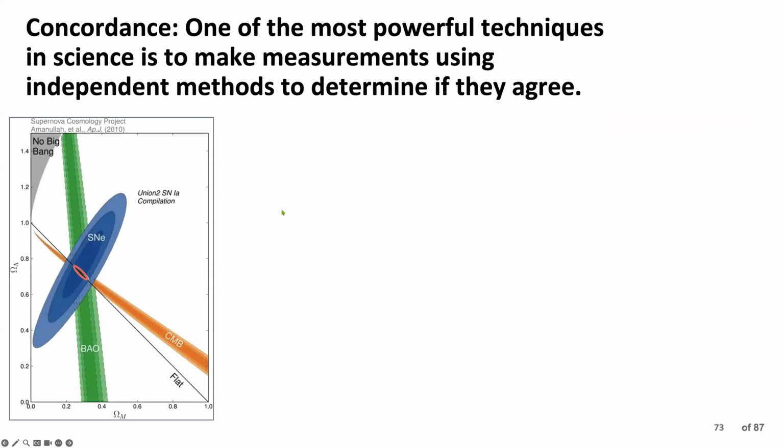And what it gives us is this. If we look at the amount of matter in the universe and the amount of dark matter and dark energy, and try to overlay all the data we have to get to a single value for where we are in terms of dark energy and matter, we can use the supernova data and the cosmic microwave background data and something called baryon acoustic oscillation.